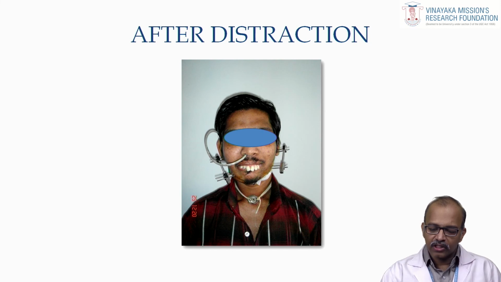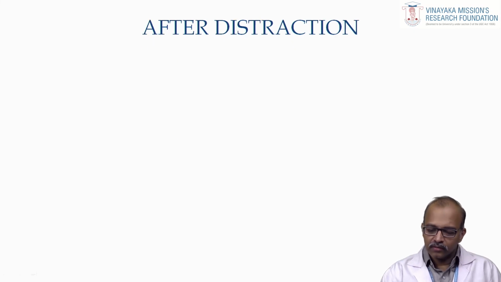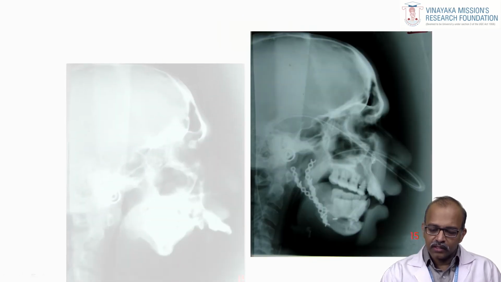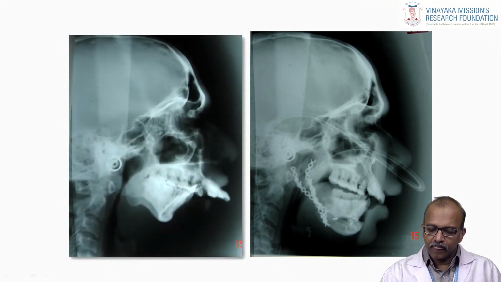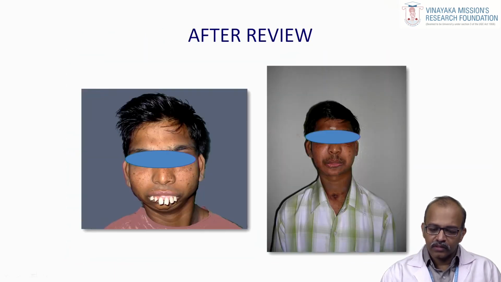This is after distraction. See the changes, a notable advancement. After removal of the distractor, chin advancement and AMO were done. This is the repositioning, the post-op picture, and this is after review.